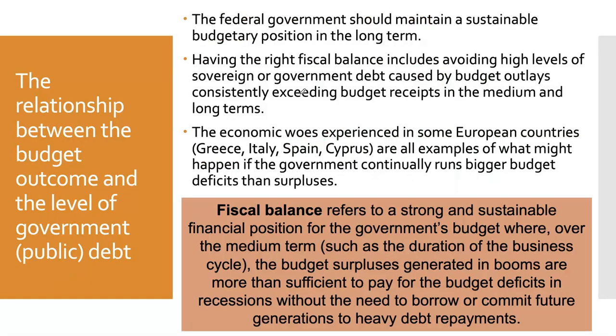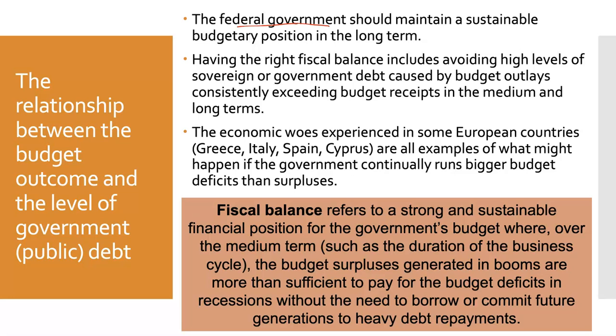So now that we understand the relationship and we understand that it is occurring in Australia, what does it actually mean? We know that the federal government's goal is to deliver budgets that drive macroeconomic goals of full employment, low inflation, strong and sustainable GDP that improves living standards.